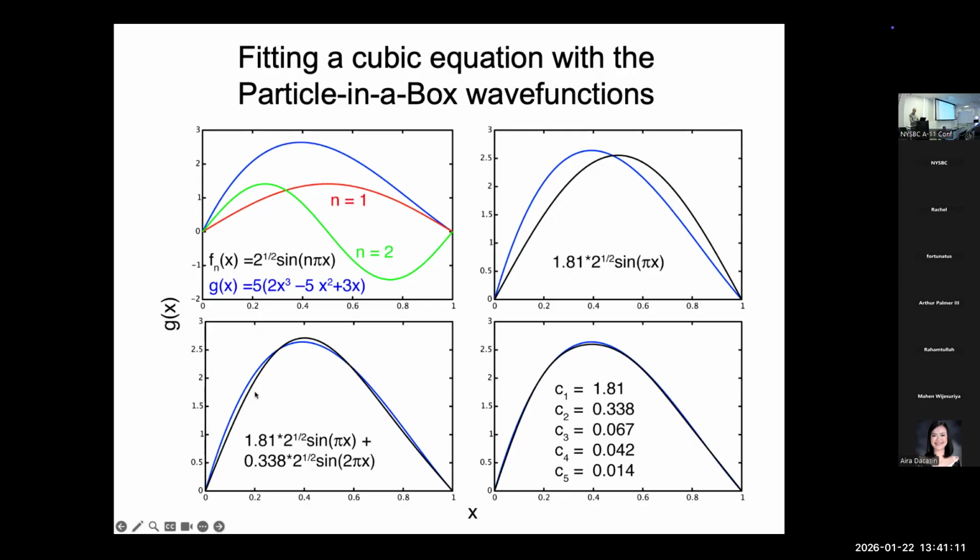And then I pick the first two lobes and optimize the coefficients, and things are better. And if I take 5 sine functions and optimize them, now you can see the agreement is very good. And the business with Hermitian operators and their eigenfunctions says that we're guaranteed to be able to do this.